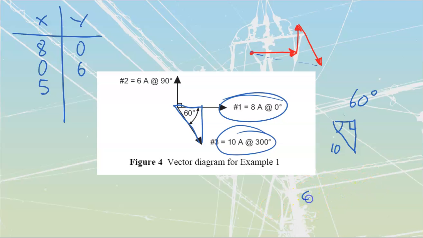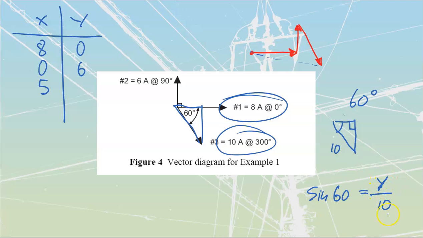Our Y values are going to be based off of our sine. So sine of 60 of this angle is equal to my opposite, which we don't have, but it's a Y value, and we know it's a negative Y value, but we'll get to that in a minute. Y over top of my hypotenuse, which we do have a value for, that's going to be 10. So it's going to be the same look to our formula.